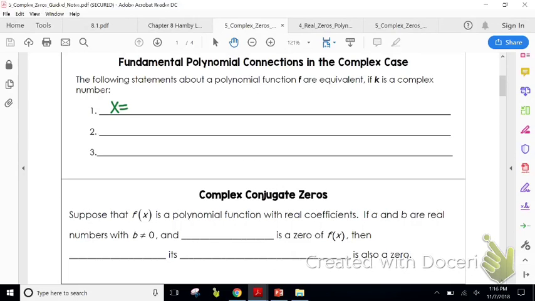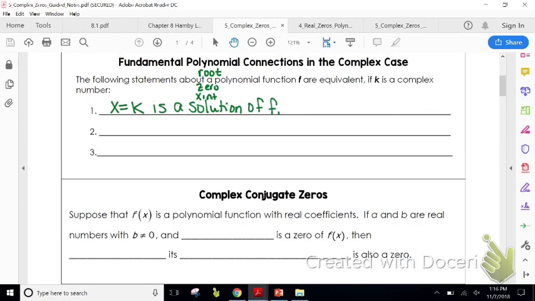If x equals k, then x equals k is a solution of f. And remember, solution also means it can be an x-intercept, can be a 0, or we could have said it could be a root.